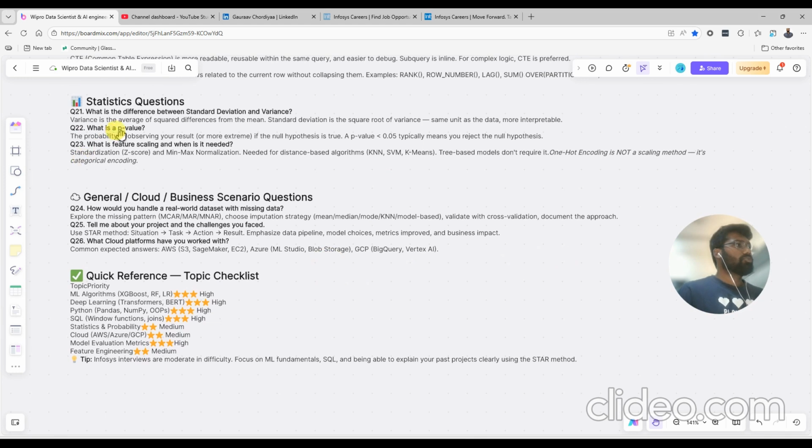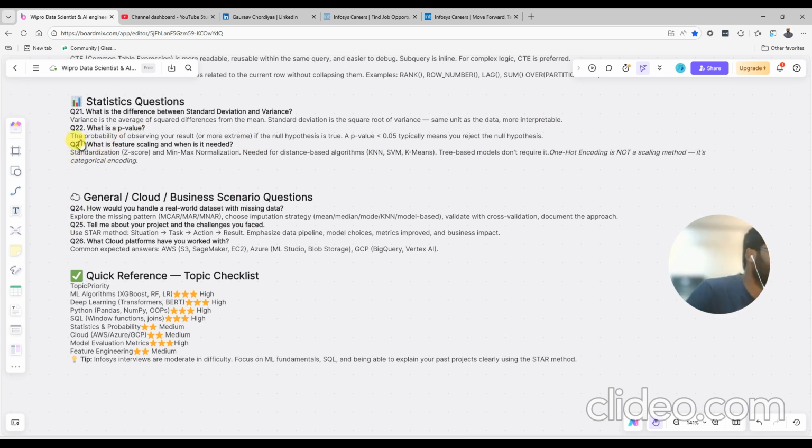So what is the difference between standard deviation and variance? Variance is the average of squared differences from the mean, and standard deviation is the square root of the variance, in the same unit as the data and more interpretable. So this is the definition.